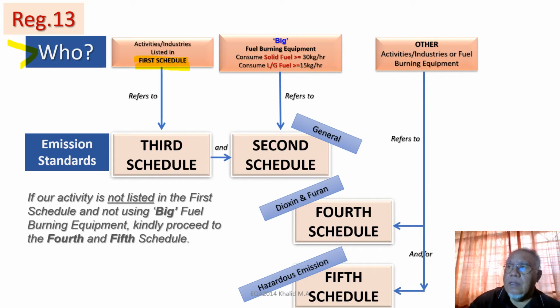If they are listed by virtue of the nature of their process, the type of industry, and not only that, the production rate or throughput that they are processing qualifies them to be in the first schedule, then watch.